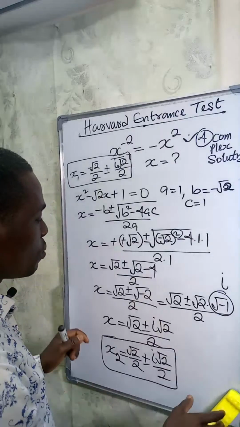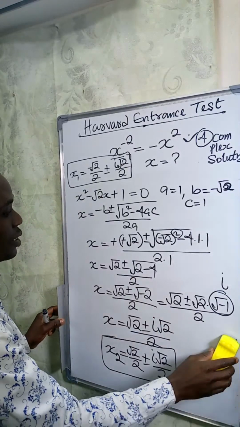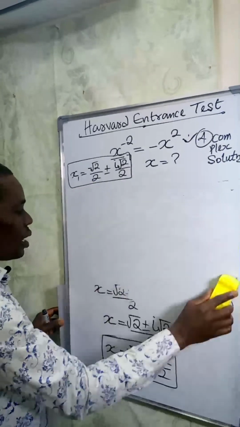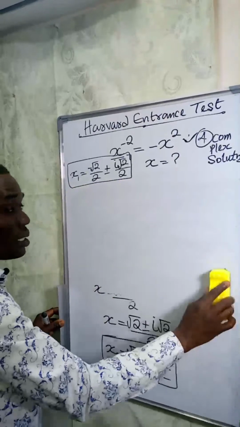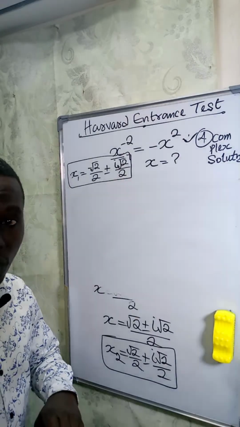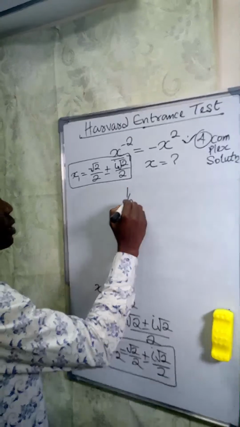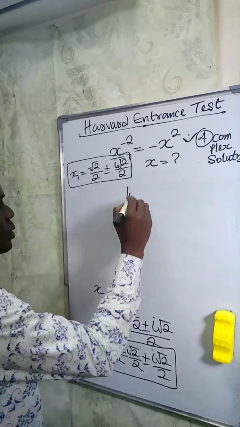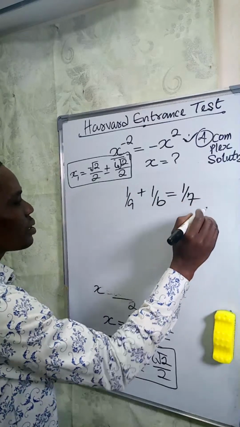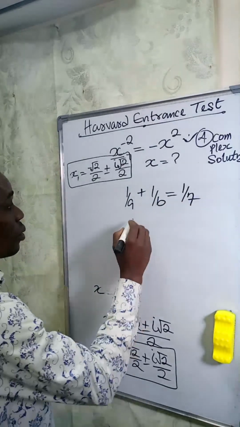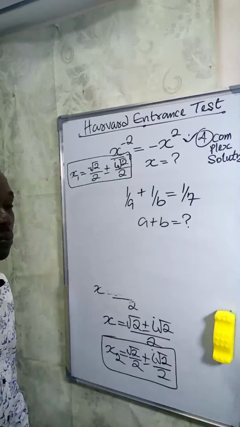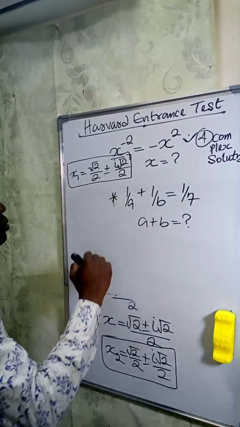Now, join us tomorrow as we'll be taking an interesting question on our live class. This is an interesting Olympiad exam question. If you are given 1 divided by a plus 1 divided by b, and you are told that this is 1 divided by 7, I want you to find all real values of a plus b from this equation given to us.